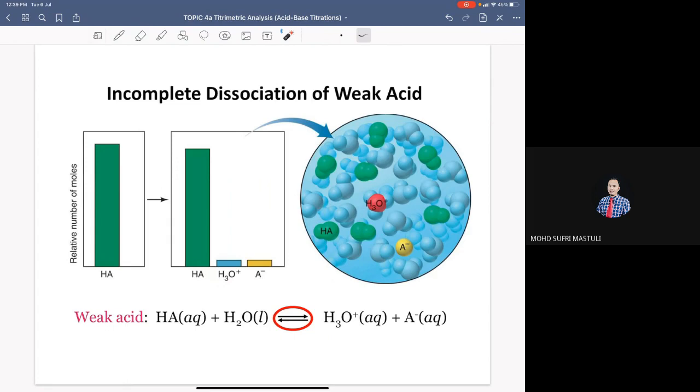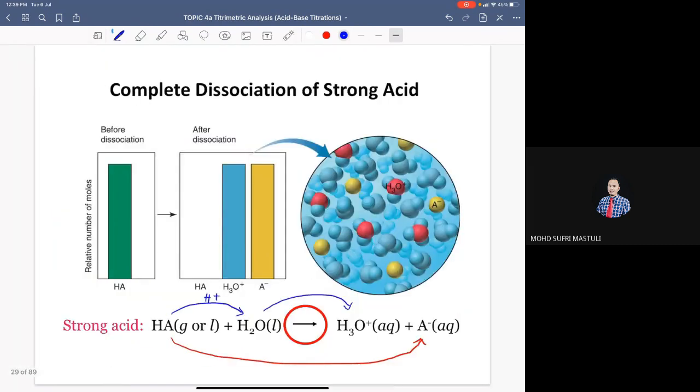As you can see, the arrow is a reverse reaction because it's incomplete dissociation. So the concentration of the hydroxyl ion is low compared to the strong acid, where the concentration of hydroxyl ion is high.